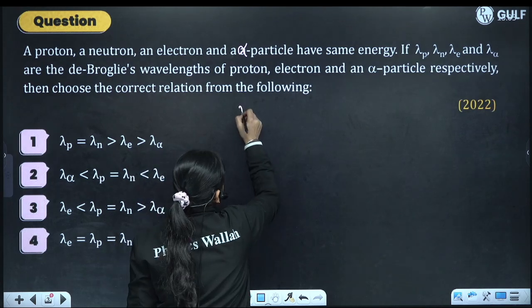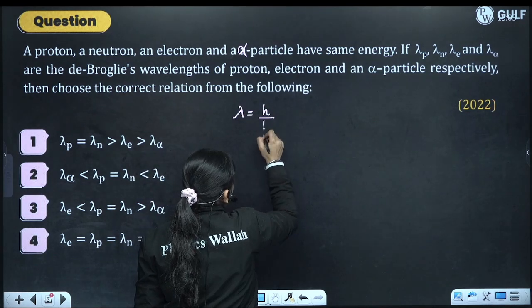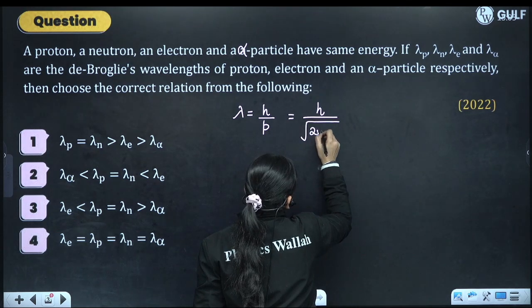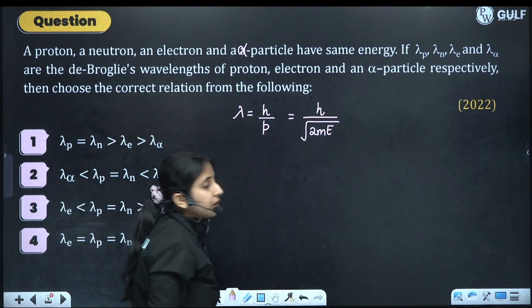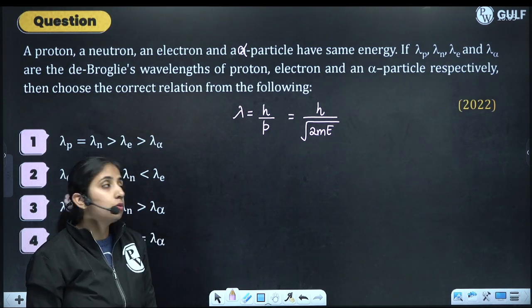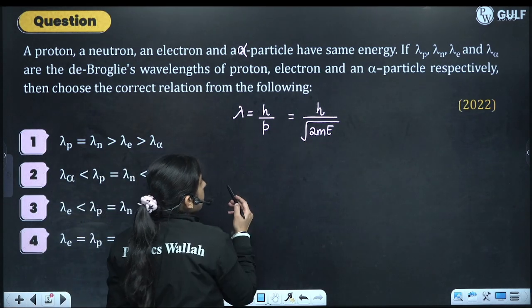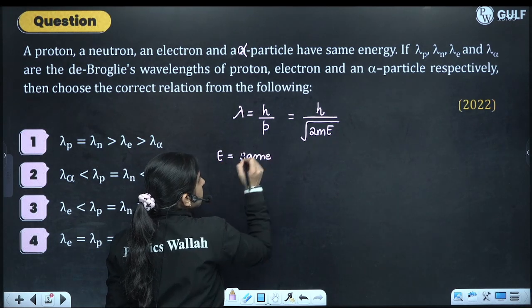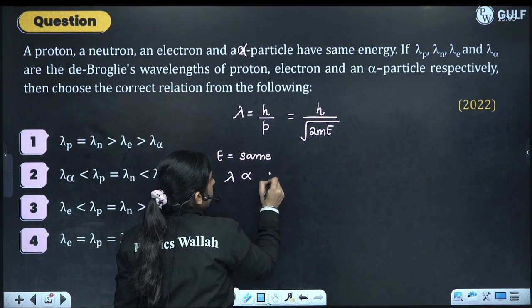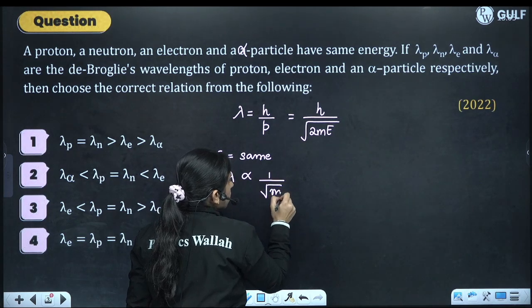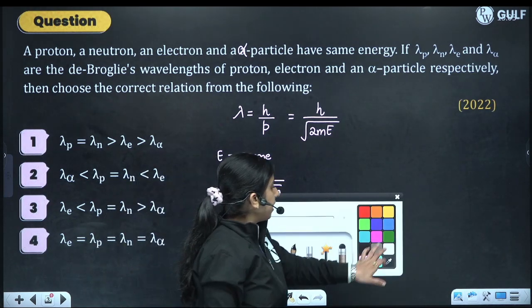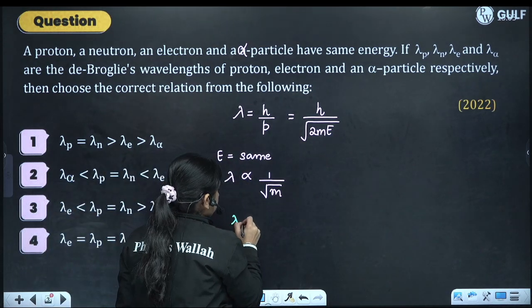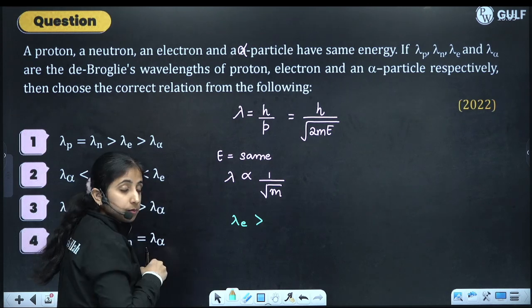Now see, lambda is equal to h by p, or we can say lambda is equal to h divided by under root of 2mE, since momentum is equal to under root of 2mE. Now they are all having the same kinetic energy, E is same, so lambda is inversely proportional to the square root of the mass. It means the electron is the lightest, so the electron will have maximum lambda.